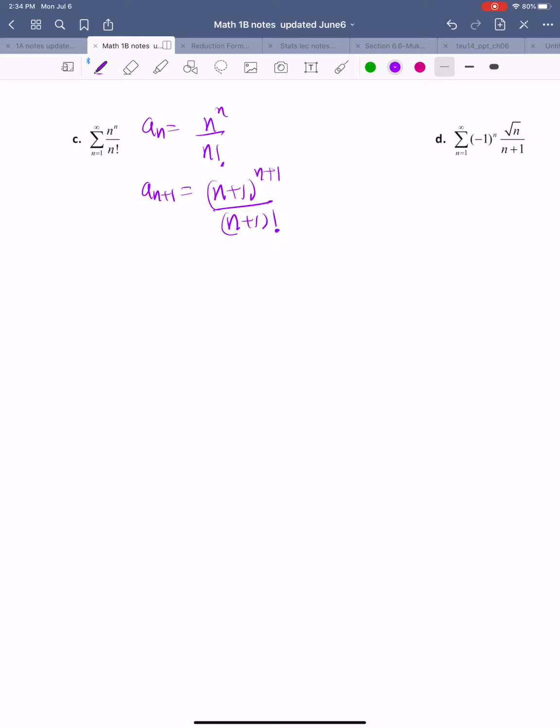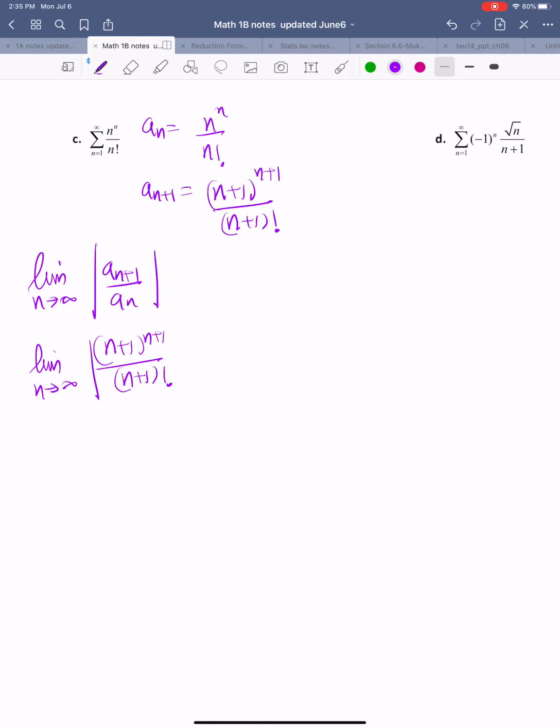Okay, so use the ratio test. The limit as n goes to infinity of a_(n+1) over a_n. a_(n+1) is (n+1) to the power n+1 over (n+1) factorial times n factorial over n to the power n.